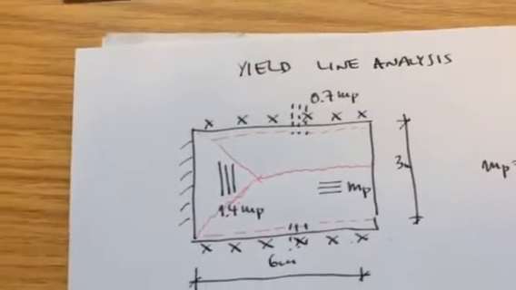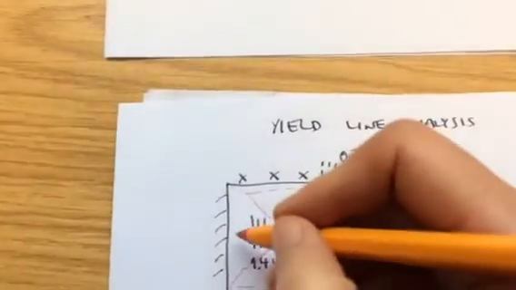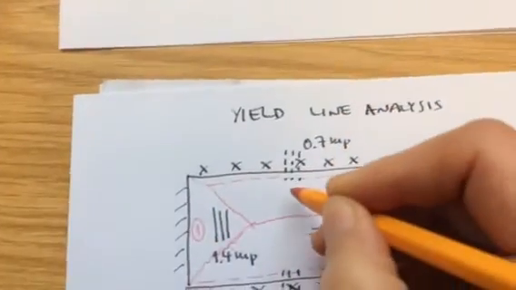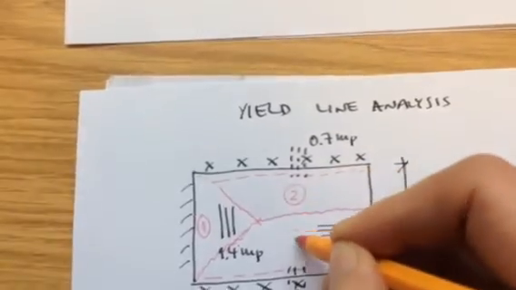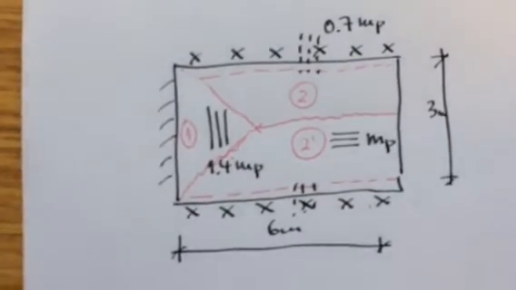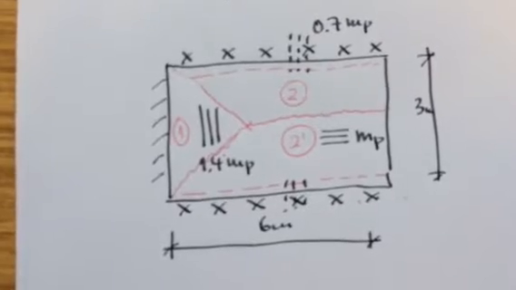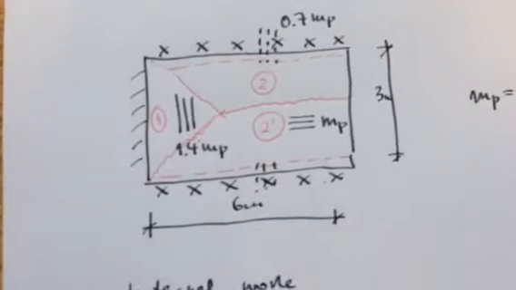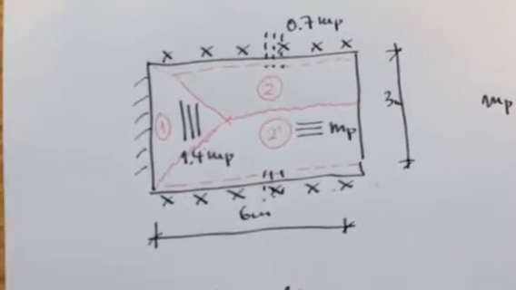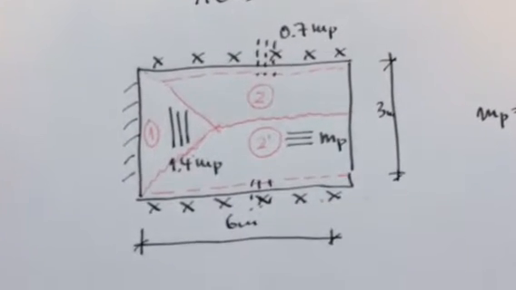On element 1 of this slab, the triangular element, the internal work by definition is the projection of the yield line onto the axis of rotation, which is 3 meters, times the moment of resistance of reinforcement for this element.